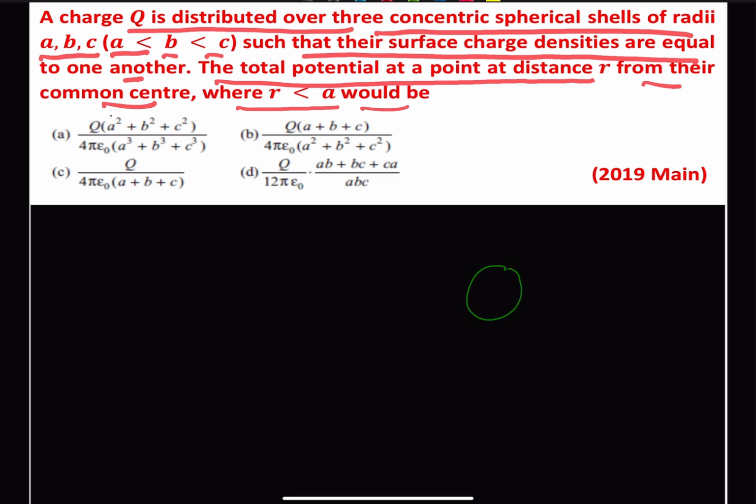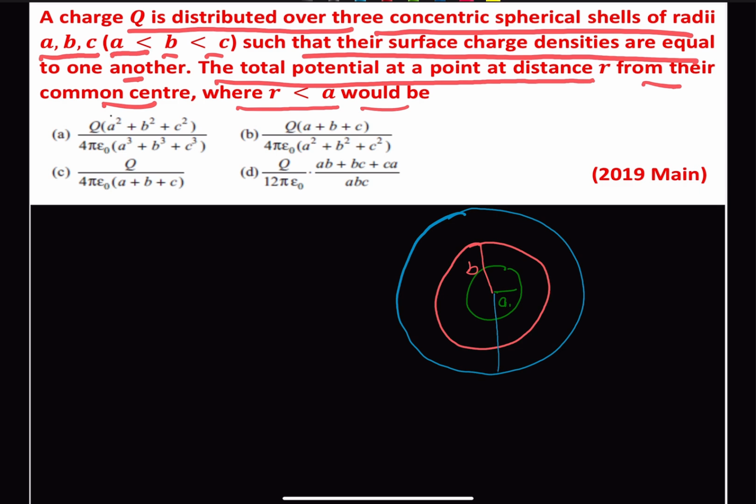This is the innermost, having a radius of A. Then we have another concentric shell whose radius is small b, and then we have our final one, which has radius C. So this is our A, B and C, and we need to find the potential at a point at a distance r, and this r is less than A. So this point should be somewhere here.